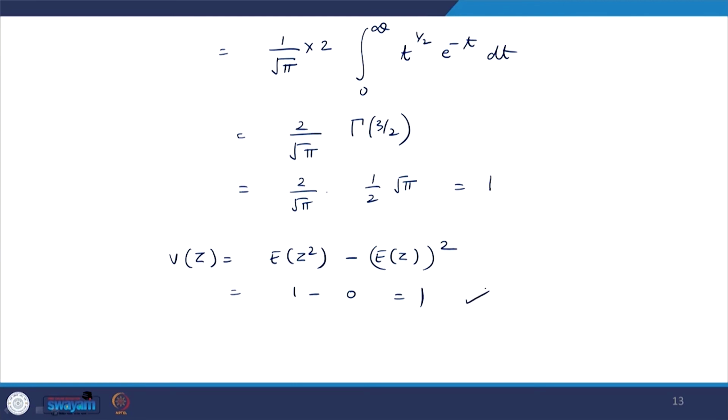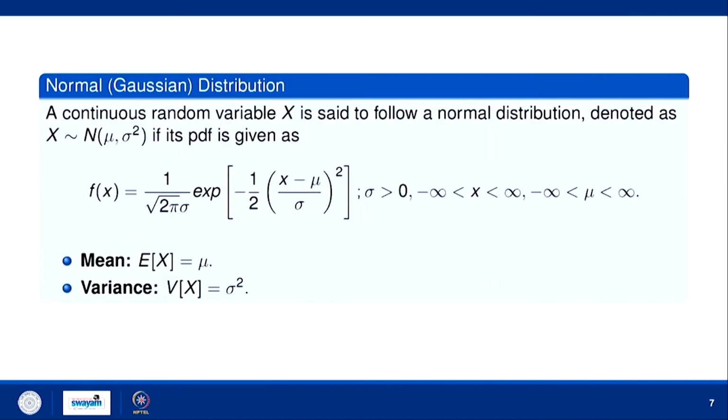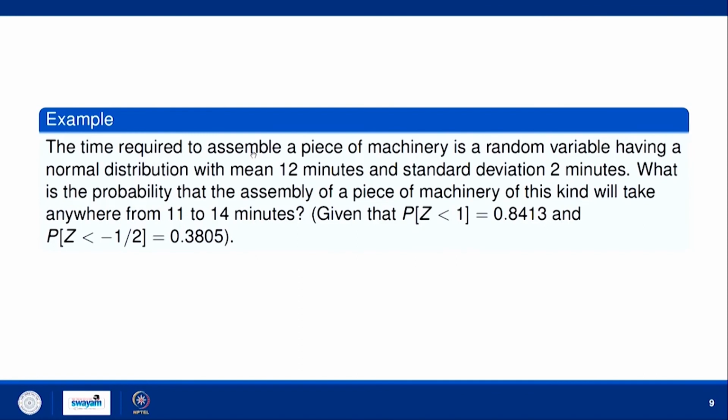So in this way we can say that for this random variable following a normal distribution, the mean is mu and the variance is sigma square. Now let us come to a simple problem based on this.